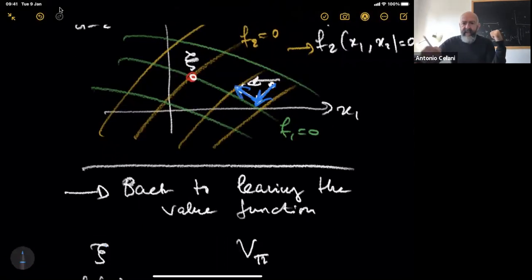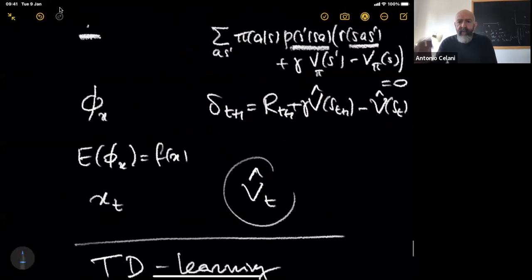So we take a step along any of these functions that we have gotten. Why do we get just one function at a time in temporal difference learning? Because at every step, we are in one single state. Every time that we move along our process, we visit one state at a time. We do not visit many states at a time. So we have just a sample of this vector along the component which corresponds to the current state. Is that clear?